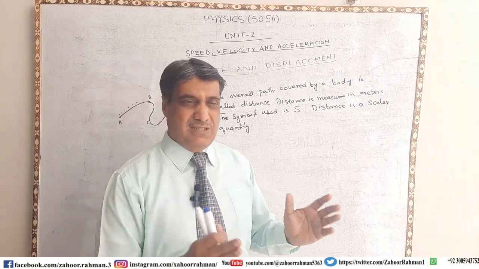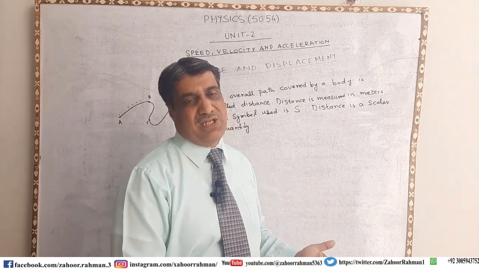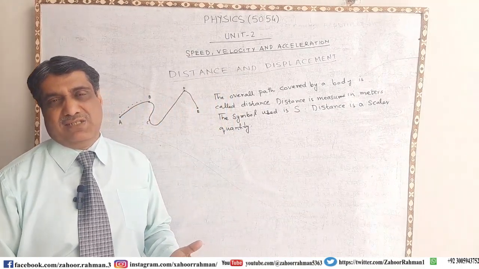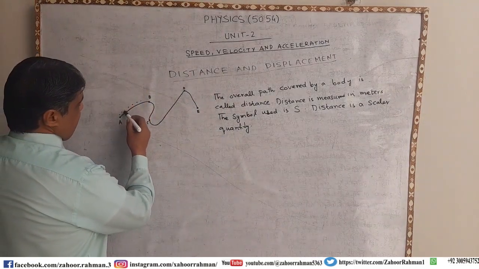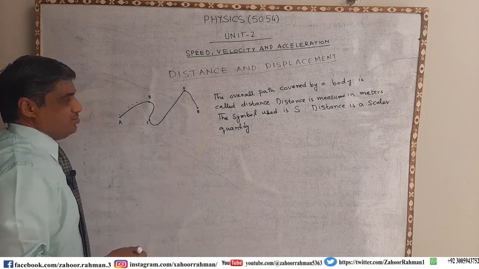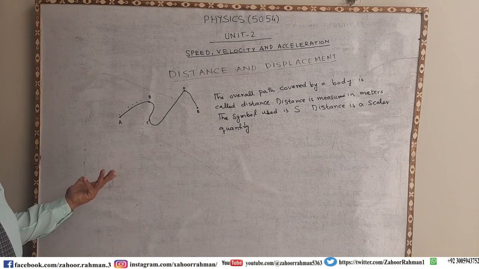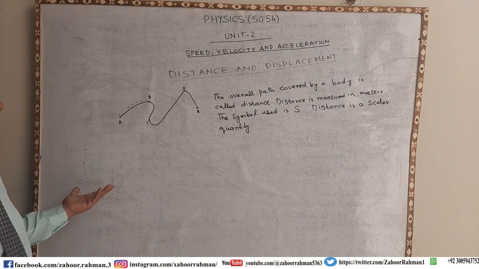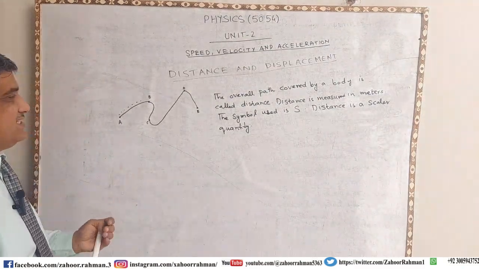But if with the magnitude in proper unit there is direction, then we say it is a vector quantity. Now, because every moment the direction is changing, it is called distance and it is a scalar quantity. There is no particular direction of it because at every point the direction is changing. So this is called distance.